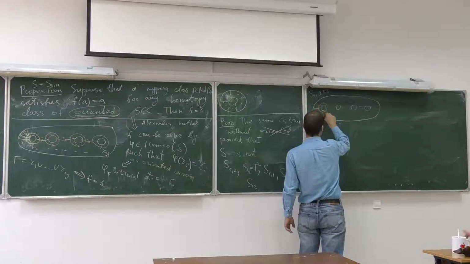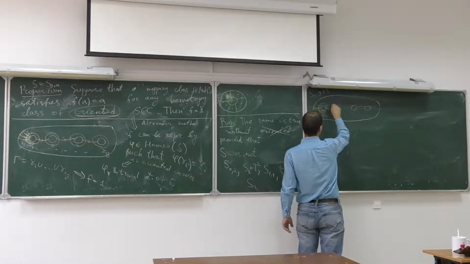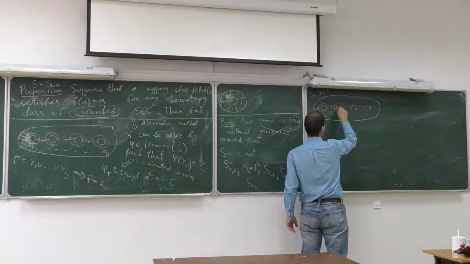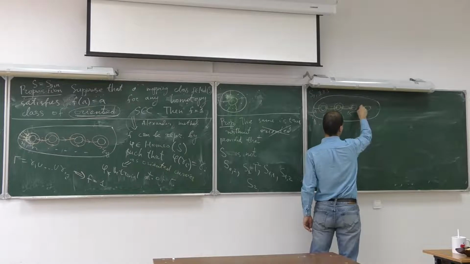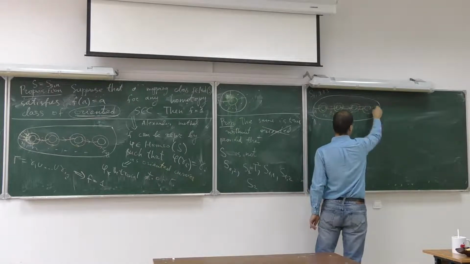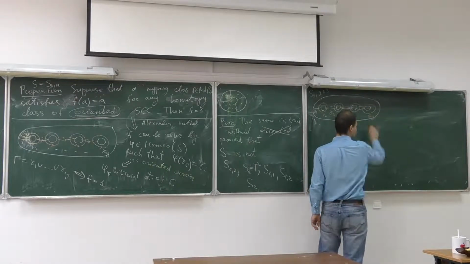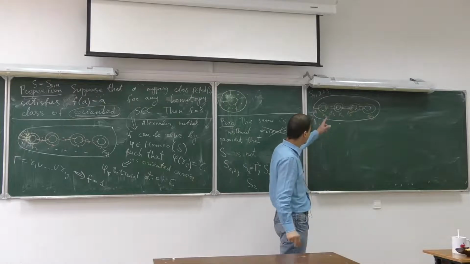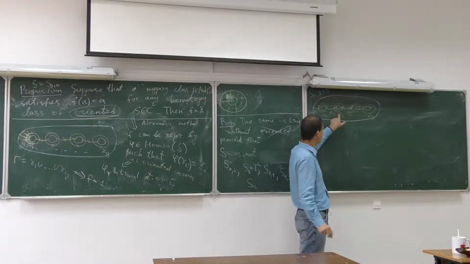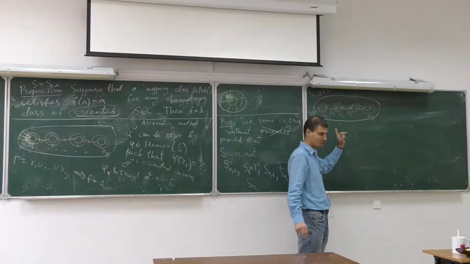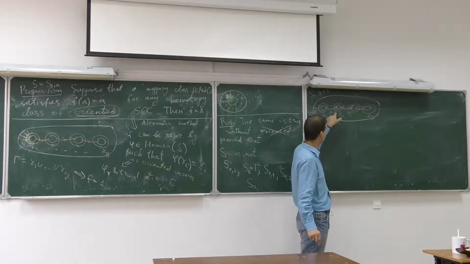Gamma 1, gamma 2, gamma 3, gamma 4, gamma 5, and so on, gamma 2g. The crucial point is that since genus is at least 3, this gamma 4, which would be the most important for me, is not the last one.